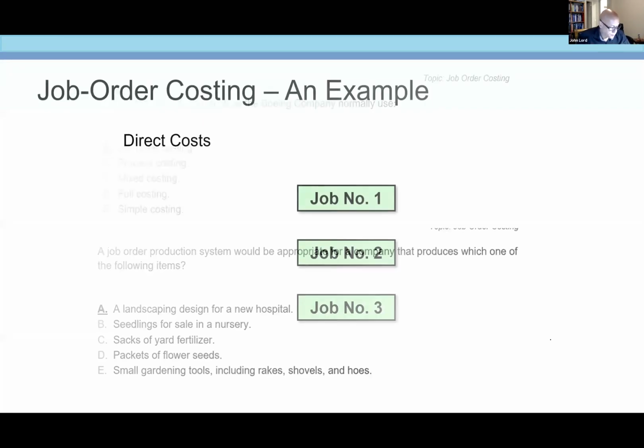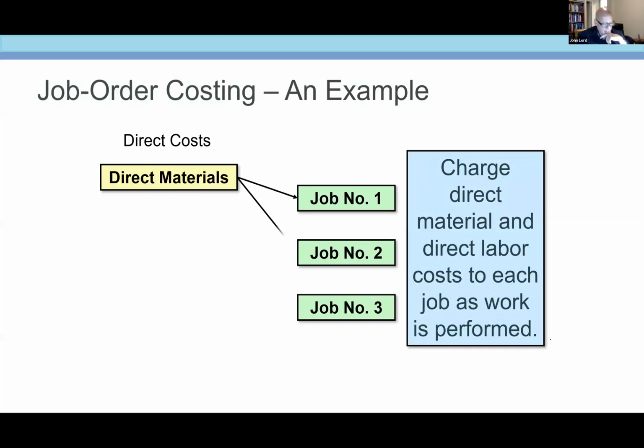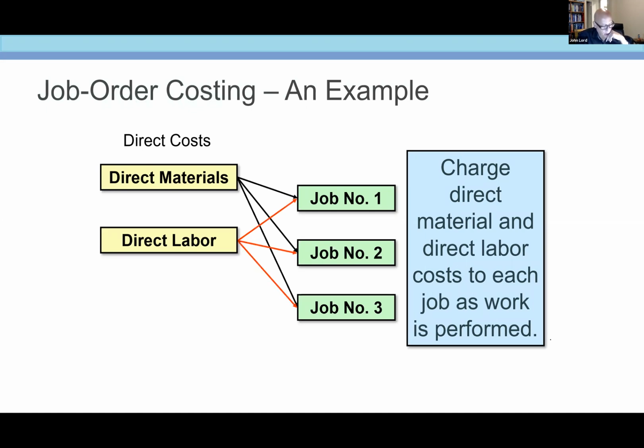Okay, good. Good question. Let's take a look now at how we will gather our costs in a job order costing system. You can see that we track our direct costs, our direct materials, our direct labor. Hint, hint, they have the word direct in front of them, right? We track those to each job, and we can track those pretty easily.